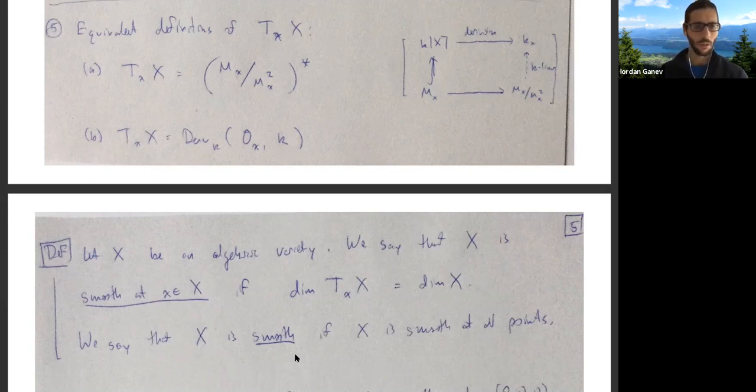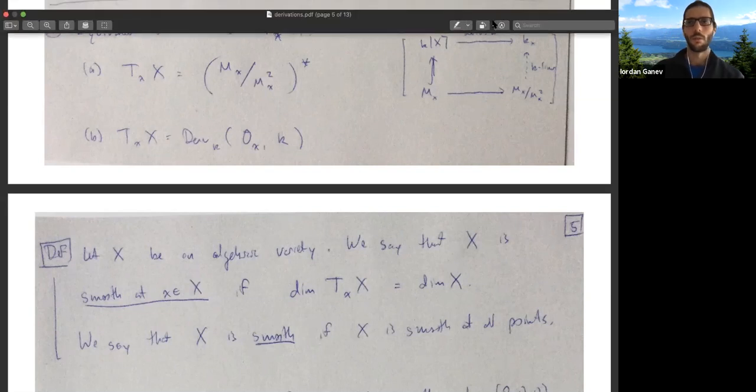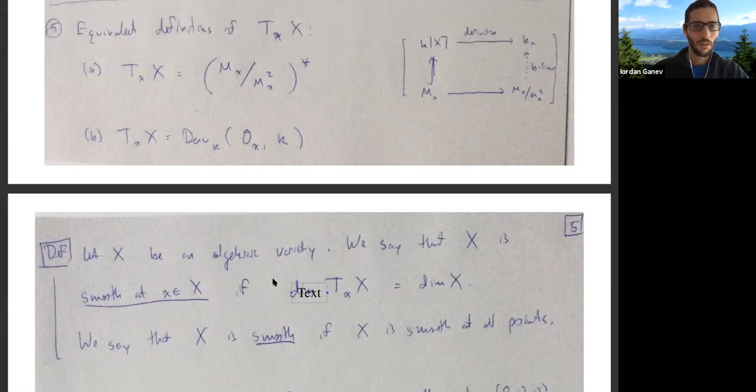So maybe I should have said irreducible algebraic variety, so that the dimension is constant. So let X be an irreducible algebraic variety, then this makes sense. Let me just go ahead and add that in. And we say that X is smooth if it's smooth at all the points in X.